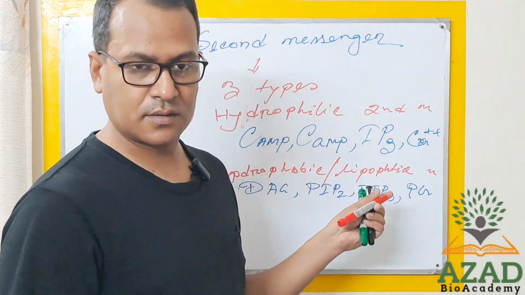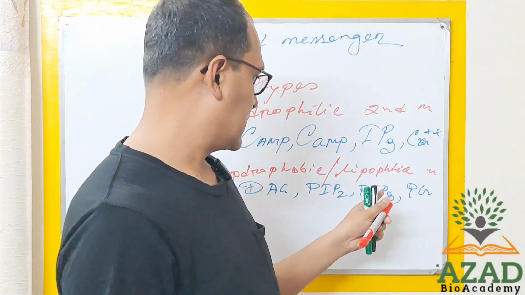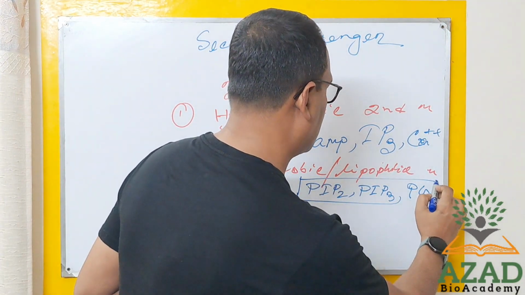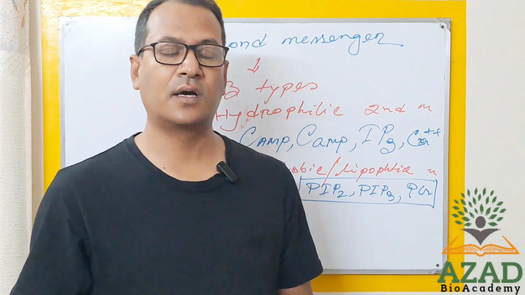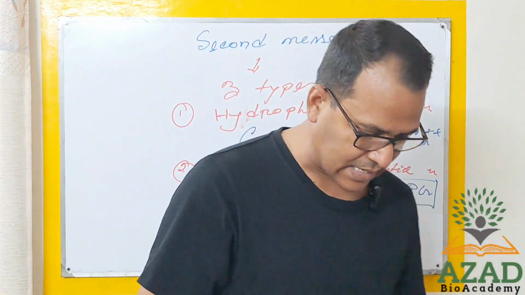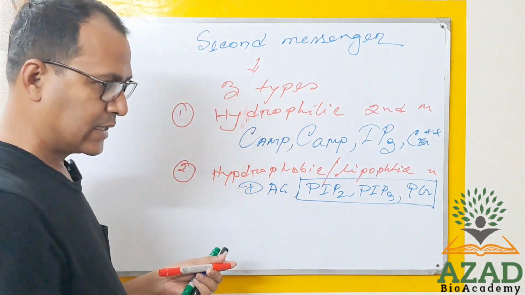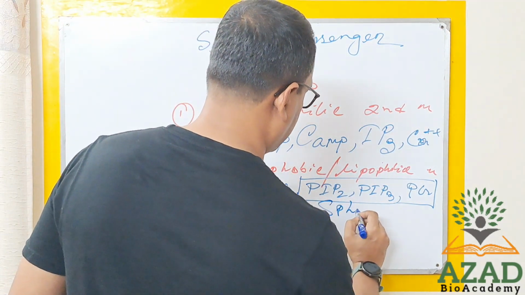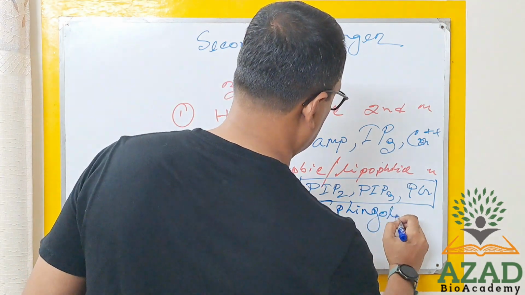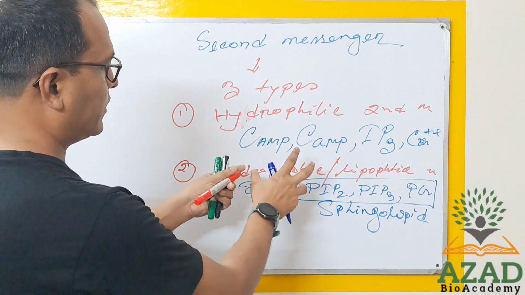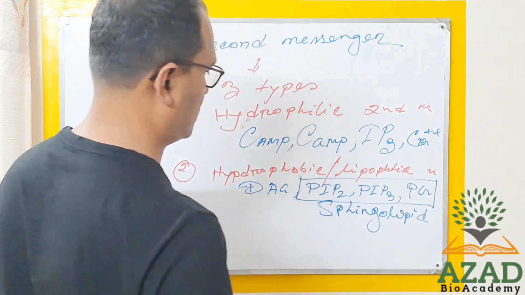This has some controversy, because it does not fulfill the whole criteria of a second messenger. Another one is sphingolipid. So these are the hydrophobic, that is lipophilic, second messengers.